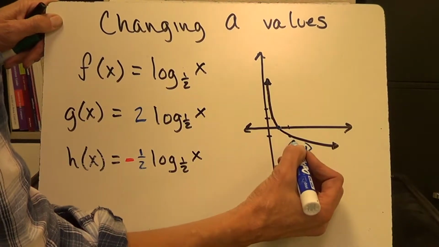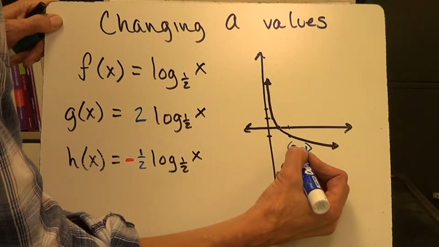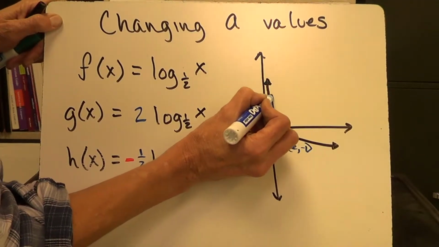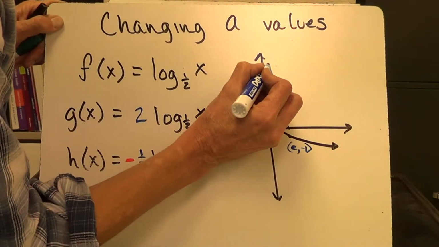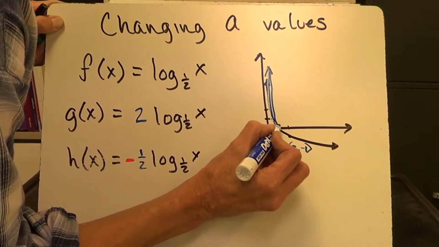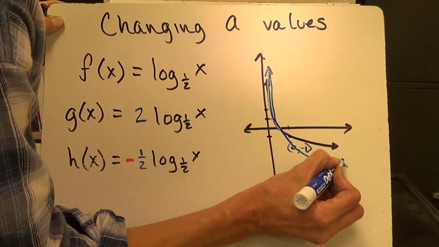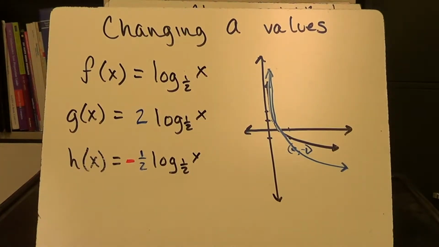Instead of it being -1, it should drop down to 2 times -1 would be -2. So you're going to see a little bit of a stretch here. That really should come in more. But it's going to go right through the 1 and then it's going to come out more. Like that. So the stretch is off the x-axis still. Okay?